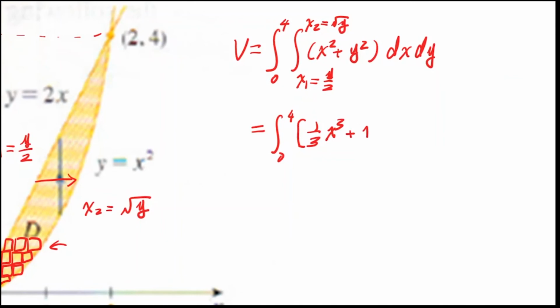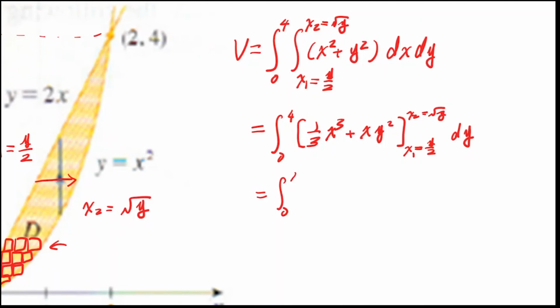You with me? And then from x is equal to y over 2, x1, to x2 is equal to square root y, and then we still have dy. Now you don't have to really write x is equal to. People just write these things all the time. But for newbies, I wanted to make sure what's going on. What do you plug in for what?